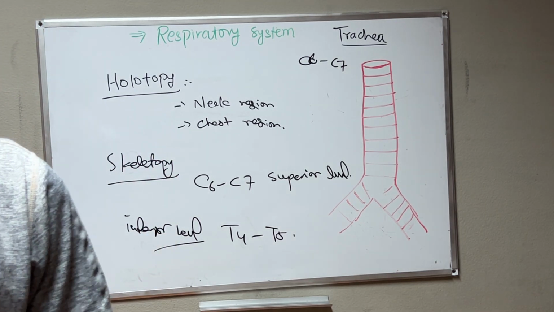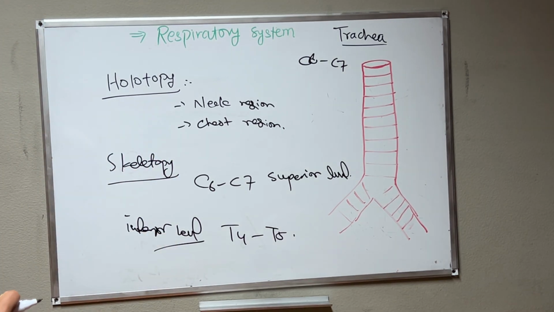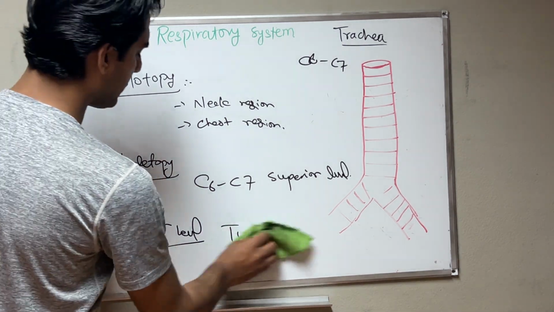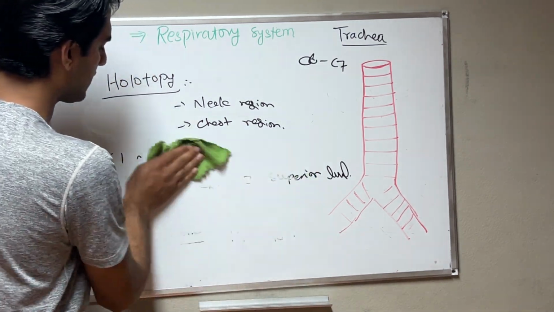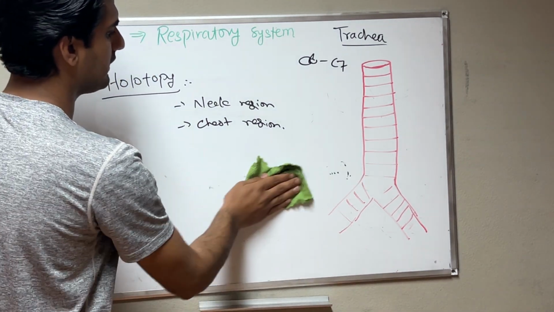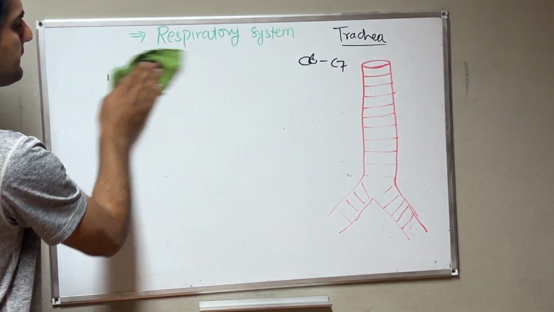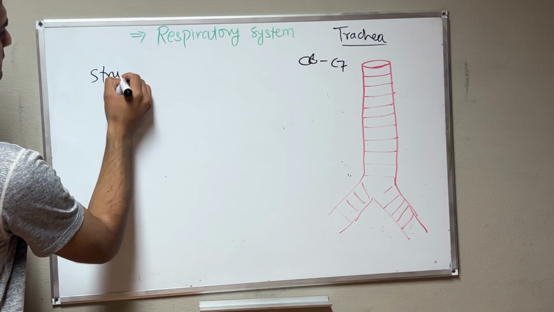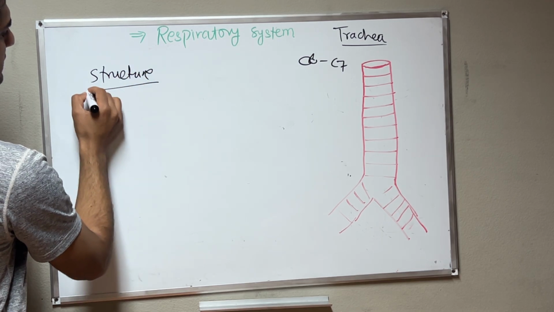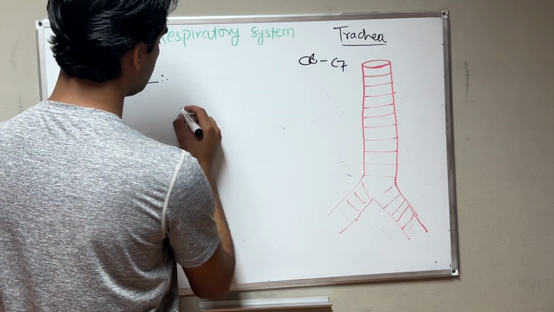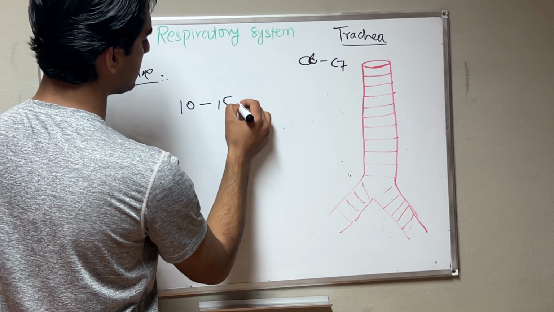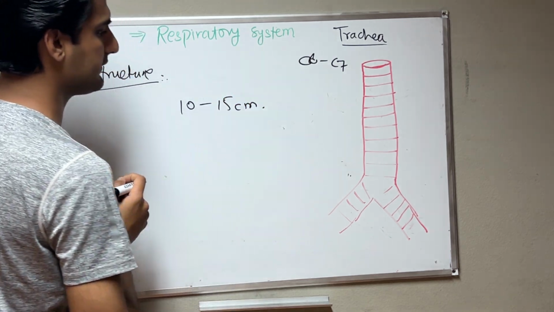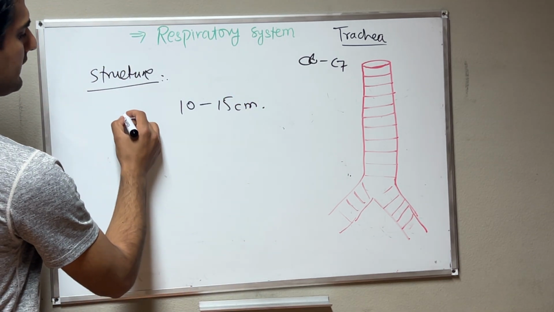Now if we talk about the length and diameter of the trachea, in the structure of the trachea, its length is 10 to 15 centimeters in a normal person.